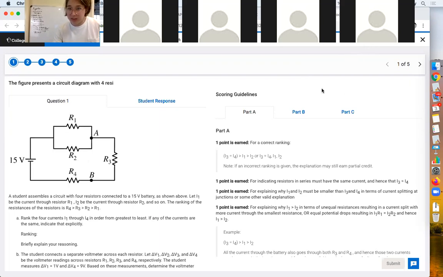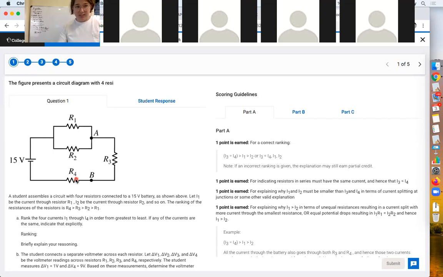Let me get my spotlight on. But I was thinking that because resistor 4 is bigger, doesn't the current depend on the biggest resistor? The total current depends on all the resistors. Oh yes. So whichever one's biggest is not necessarily important.